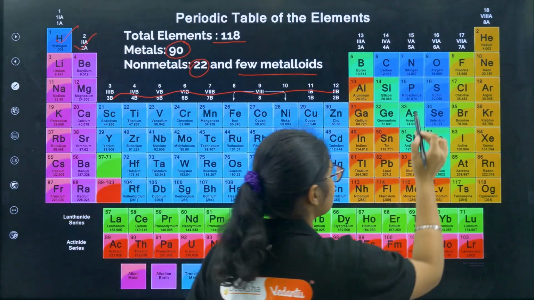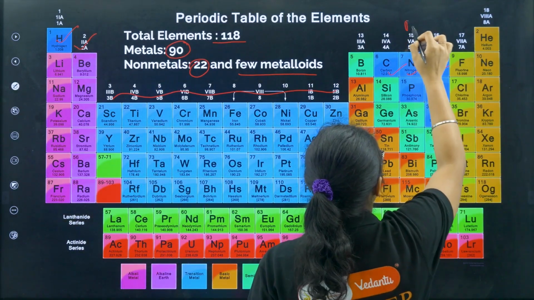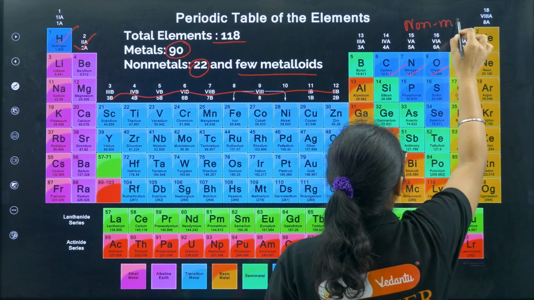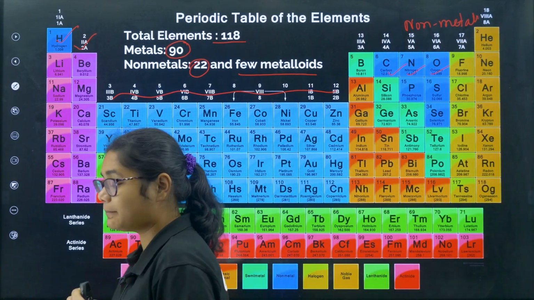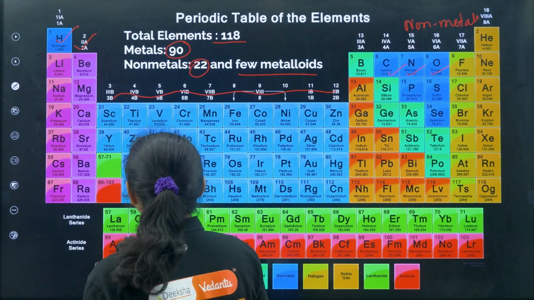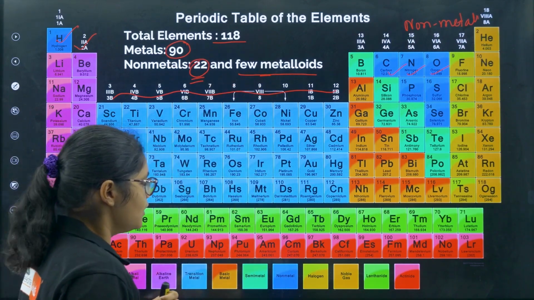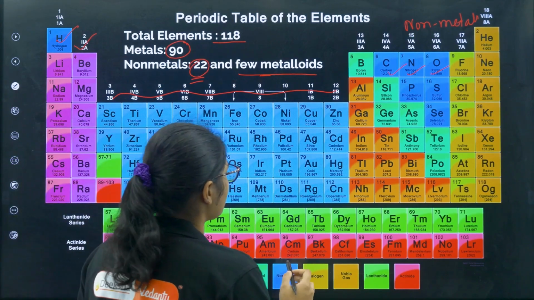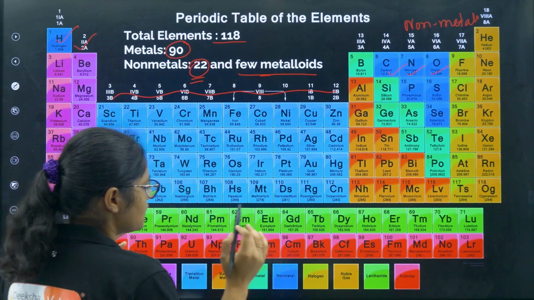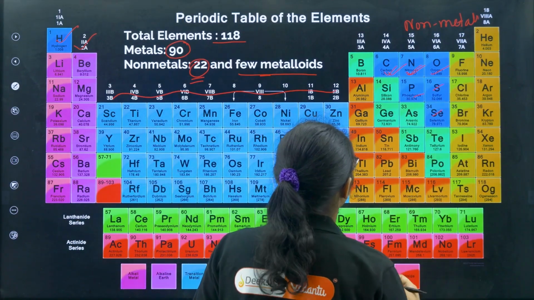Generally p block elements, if you see carbon, nitrogen, these all are your non-metals, and these all are your metals. So there are more metals in the periodic table. You can see these blue elements, these all are your non-metals.